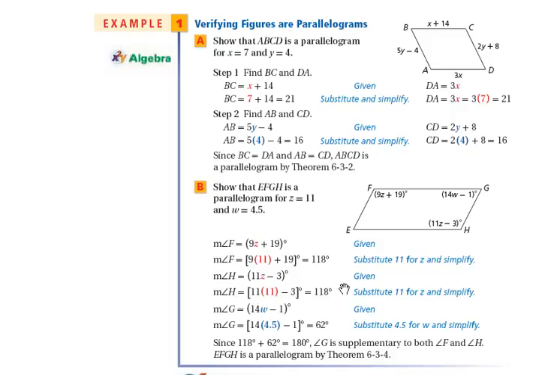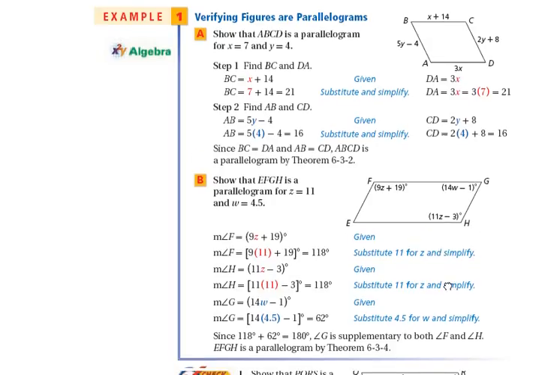Same kind of thing is happening here as well. We're trying to show that this is a parallelogram as well. And here we're dealing with the angles, and we're able to look at consecutive angles here, and we're able to look at those as 180 degrees.